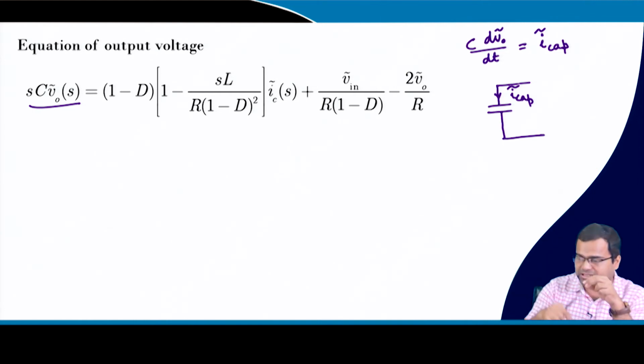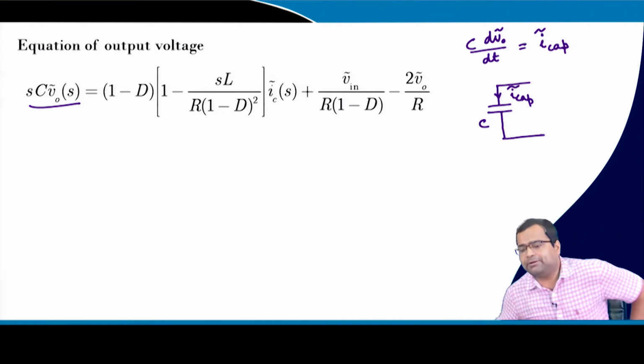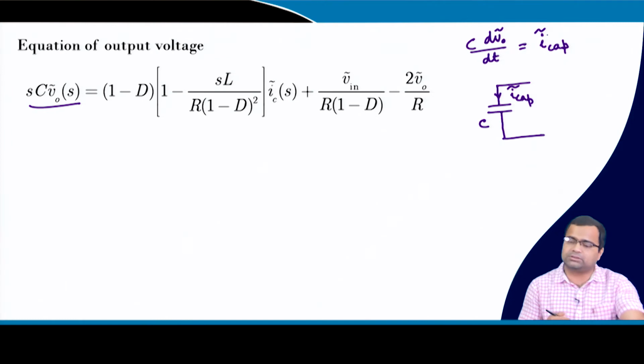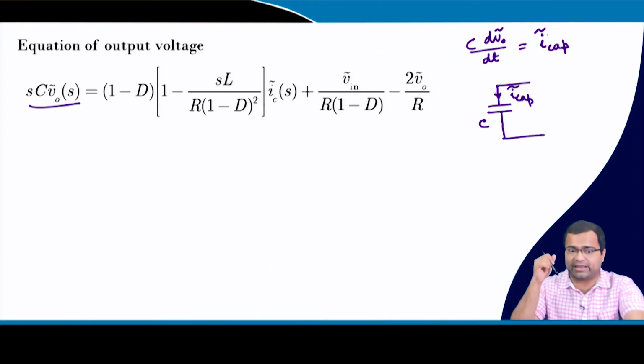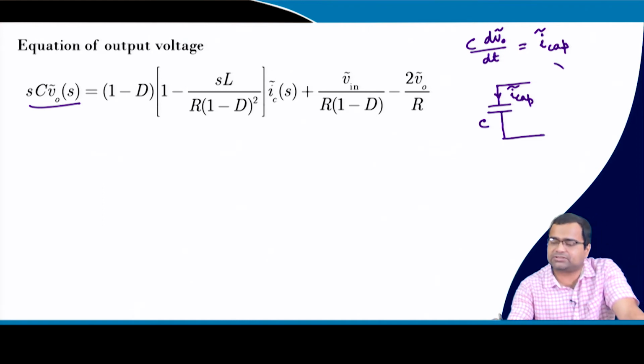So, I am taking the positive direction where it is going into the capacitor, because effectively it will charge the capacitor. If we take the positive current direction as out of the capacitor, then we need to take a negative sign here, because the capacitor will get discharged. So, here we are taking the positive current direction to be going in. Next, this equation shows three things, and if you take the Laplace transform, what will we get?